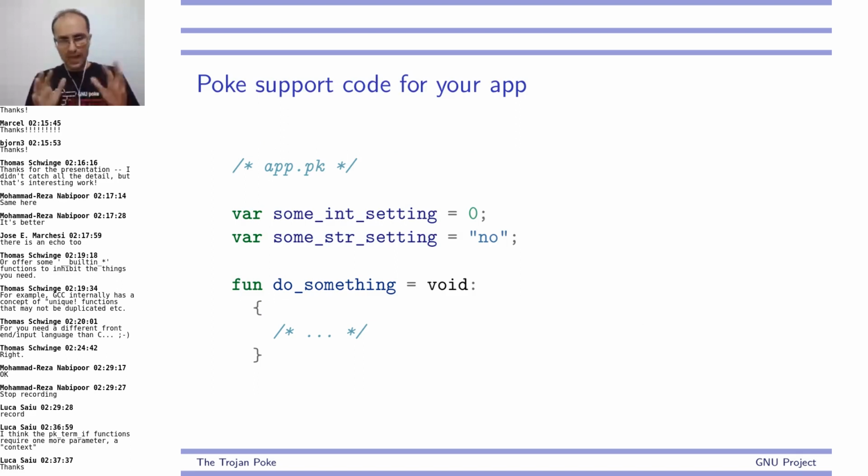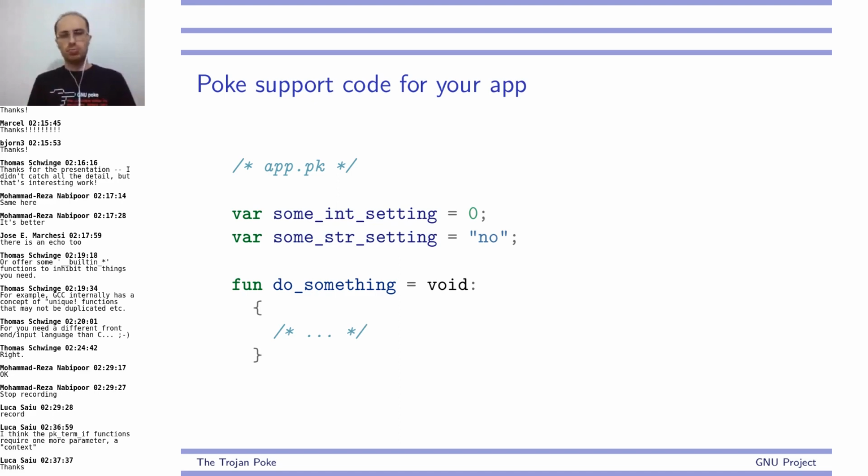So we have an application in C, and we call it app.c, and we already did some early stuff. Now we want to move and look at the app.pk, where we are using Poke as an extension language somehow.